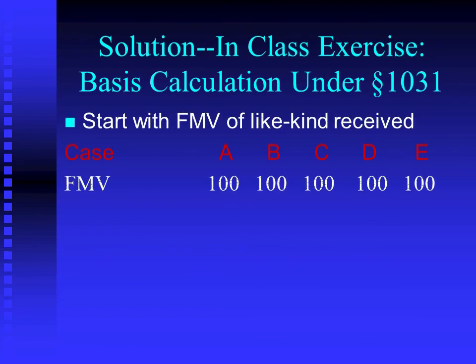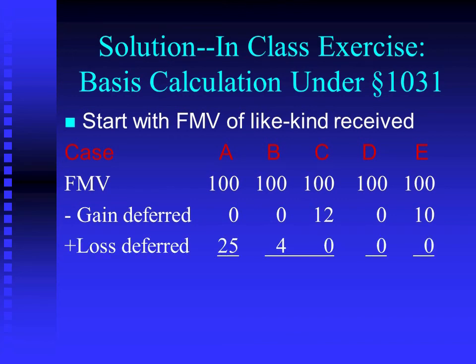All right. So in each case, the fair market value of the like-kind property was $100. And this is just a reminder that in A and B, there were losses. So we didn't have any gain deferral there. And then we deferred 12 of gain, no gain, 10 of gain. And so the losses deferred in the first two cases are going to be added to the 100,000.